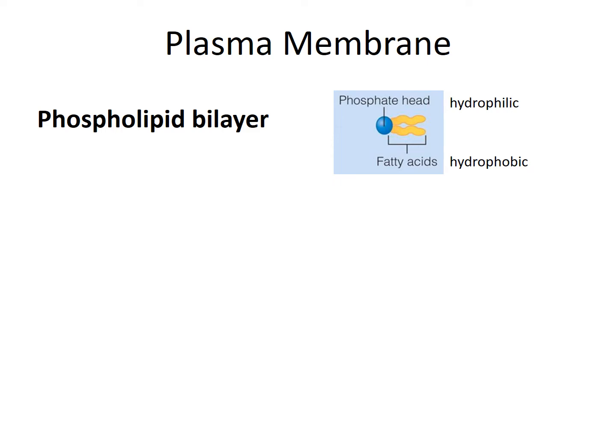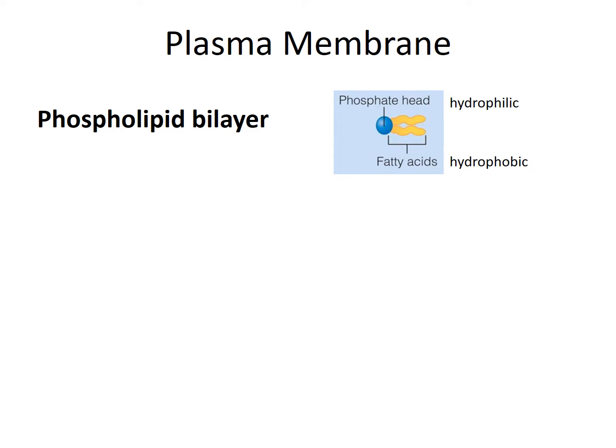Opposite to this hydrophilic part of the molecule, there are fatty acids. Recall that fatty acids are comprised of carbons bonded to hydrogens. Because the electronegativity difference between carbon and hydrogen is low, these create non-polar bonds. So the fatty acid side of the phospholipid is hydrophobic.